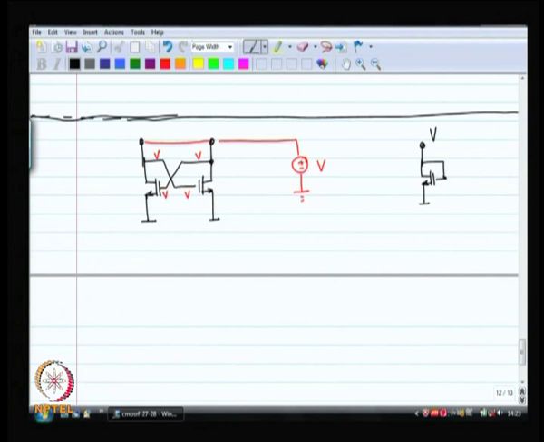Two devices means looking in over here, the resistance that you see is going to be 1 by 2 GM, approximately. You can shunt it with your RDS. So, that is the impedance that I see. So, now if I look in, I am going to see half of 1 by GM in shunt with RDS.